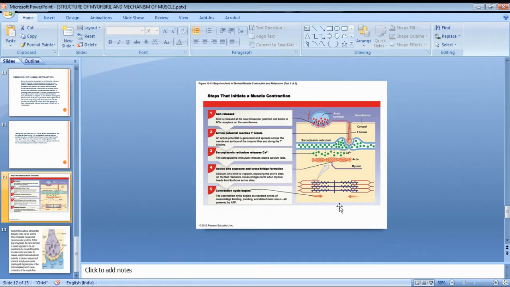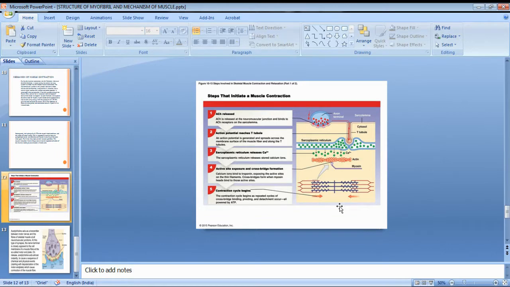Okay, a new ATP molecule is hydrolyzed into ADP and inorganic phosphate. Again the cycle gets started, and the myosin head changes conformation.